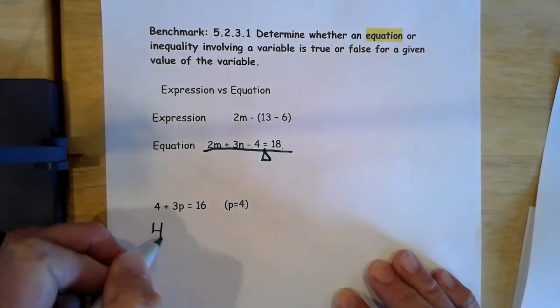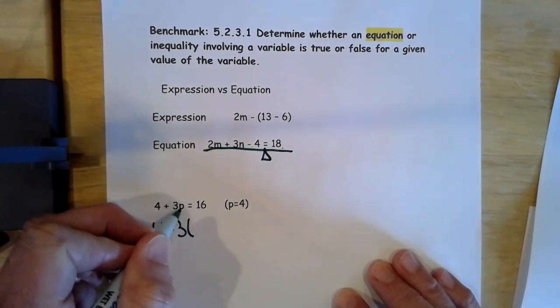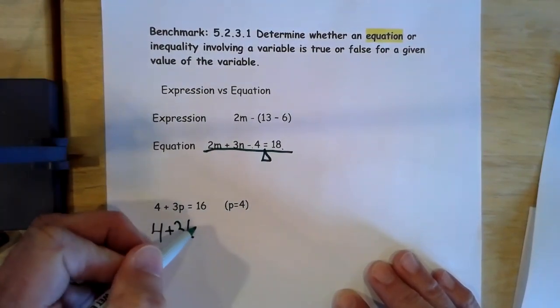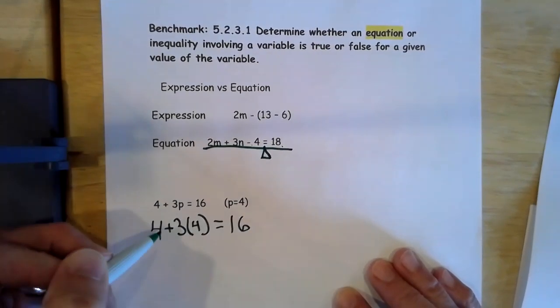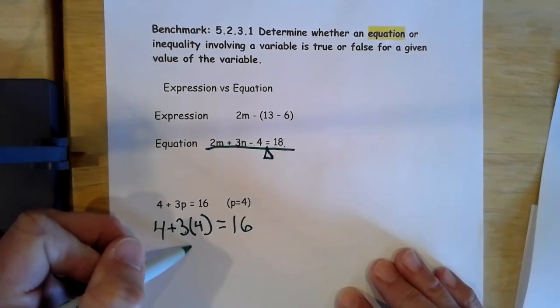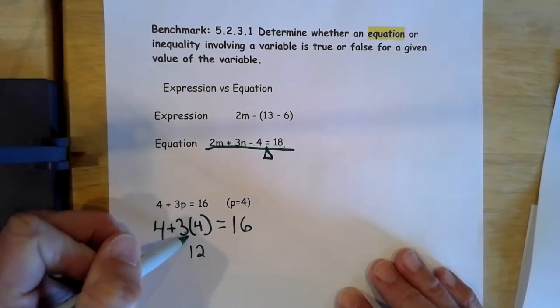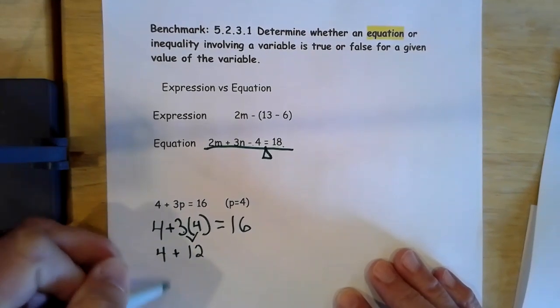So I have 4 plus 3 times the value of p, which it says is 4. Now I should be able to solve my equation. 3 times 4 is 12. I'm going to solve this part first, and then I'm going to add 4 to that.